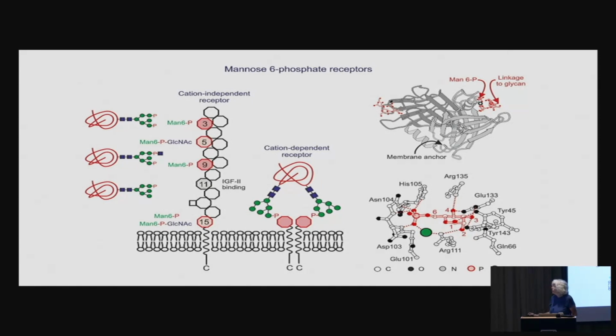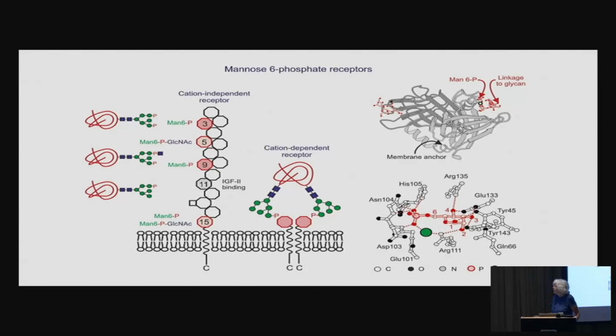And then there are two additional domains which also bind, but some of these bind mannose 6-phosphate with the N-acetylglucosamine still on it. And so that means it could capture any lysosomal enzymes that had missed the action of the N-acetylglucosaminidase.